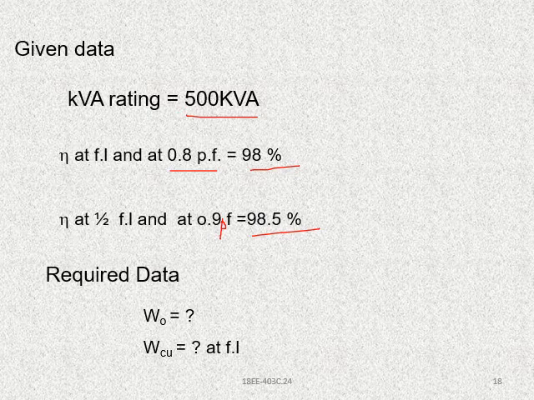And the required data is W0 equals question mark and WCU at full load equals question mark. This is a clear-cut division of given data and required data. Please make a note of that.